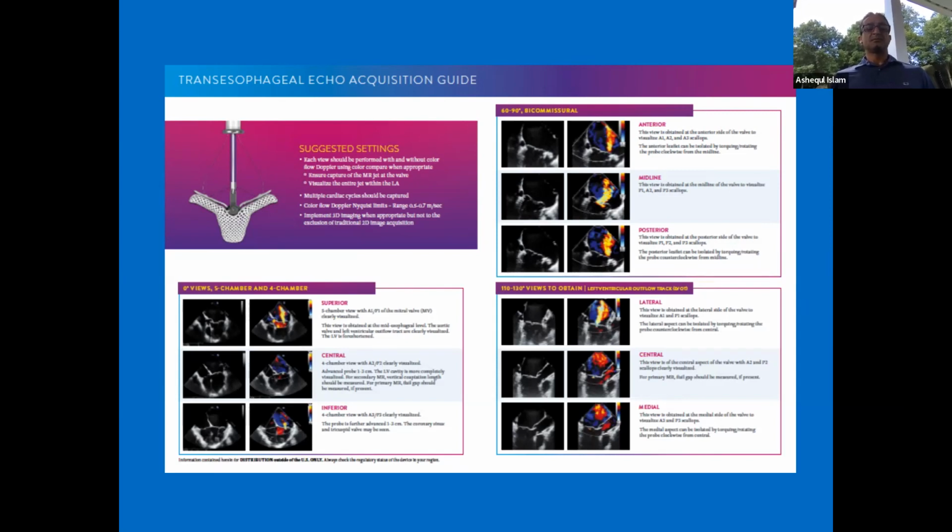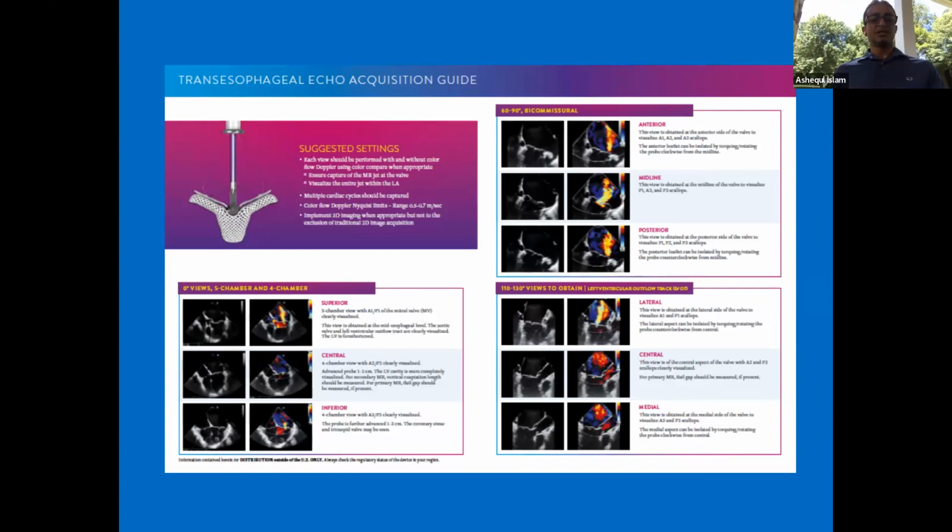The most important aspect of imaging is morphological determination. What is the primary pathology of the mitral valve that is causing MR? Is it primary MR or secondary MR? Is it primary mitral valve disease or myocardial disease? We now have both indications in the US, degenerative as well as functional MR, functional MR being only for high-risk patients.